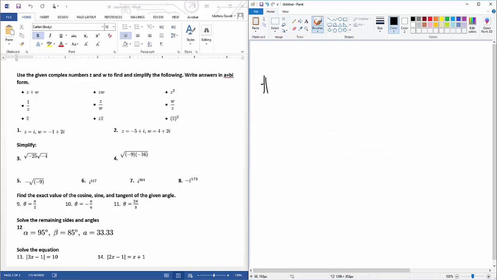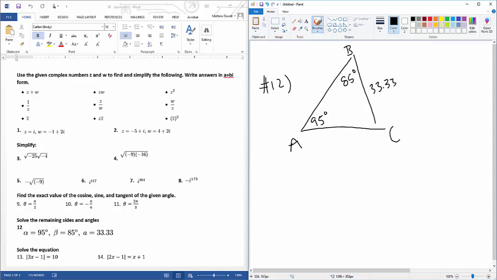For number 12, it says solve the remaining sides and angles. So this is angle, angle, side. And so angle, angle, side, you want to use the law of sines.